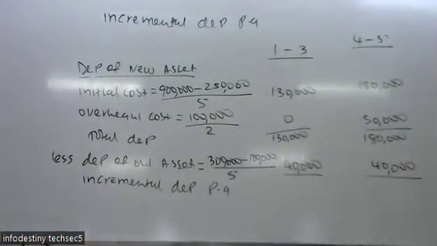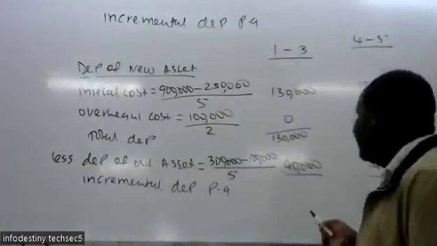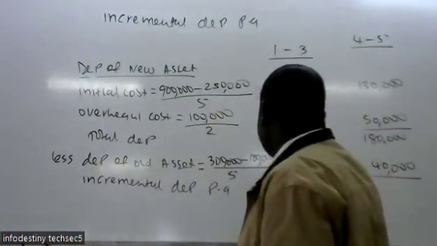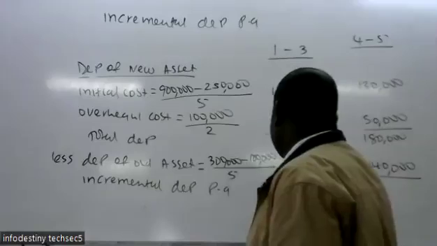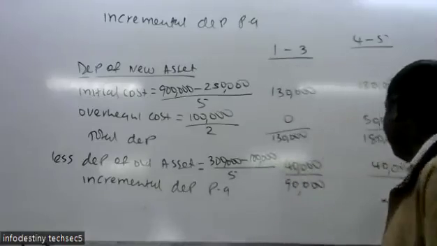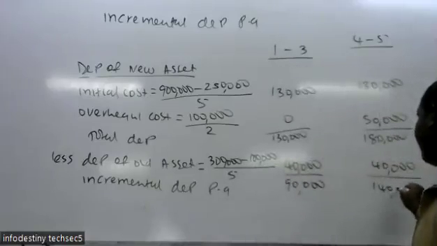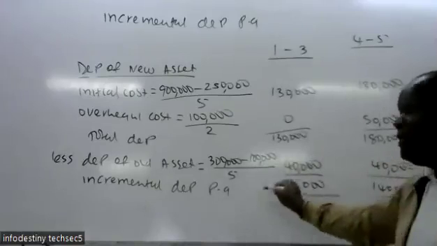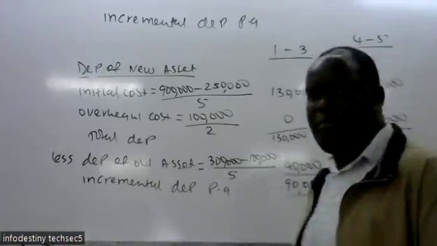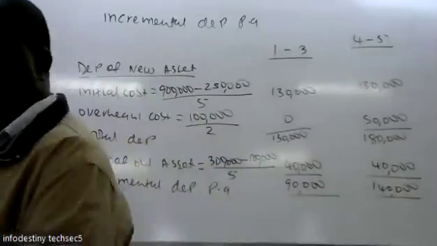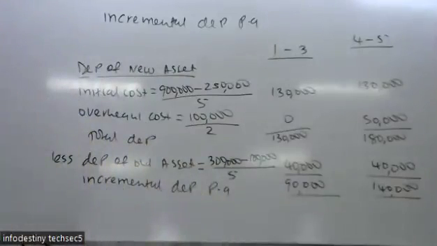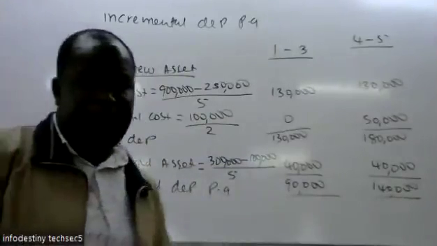So how much is it for year 1 to 3? 90,000. And 140. So that is now what will be our depreciation for the 2 periods. The one for year 1 up to year 3, year 4 also up to year 5.